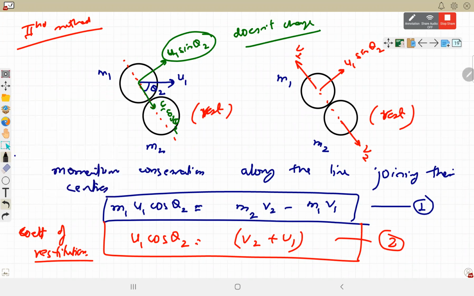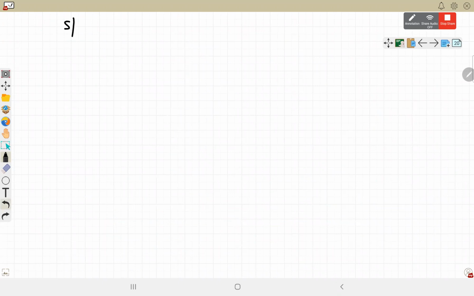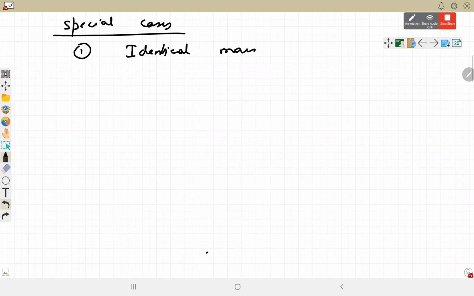Special case इसमें क्या होता है अगर ये दोनों masses identical हो, if these two masses are identical and collision is perfectly elastic, then after collision they will move always perpendicular to each other. So there are some specific results, some special cases of collision for both the types. So पहला तो था identical masses के बीच में collision होता है, collision between identical masses.